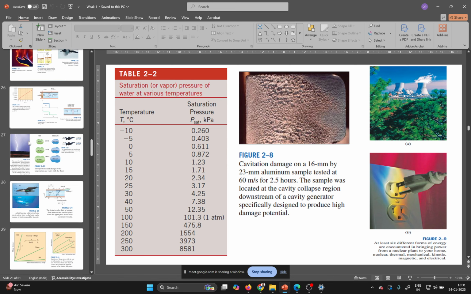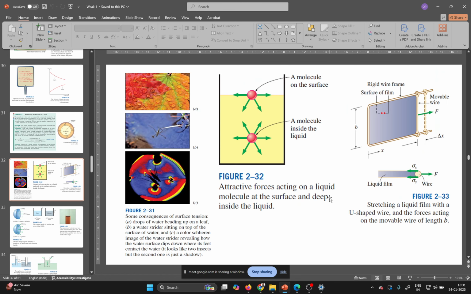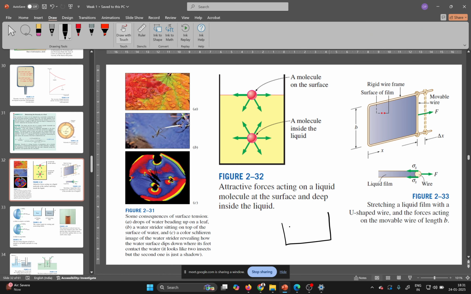So your surface tension part is here. Here you can focus: these are the molecules of the liquid. Let me draw again here.